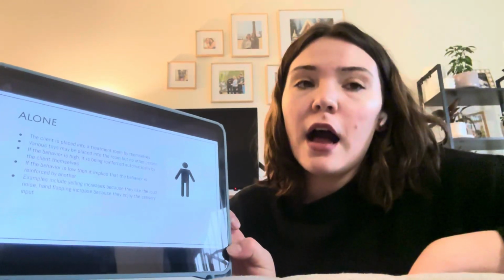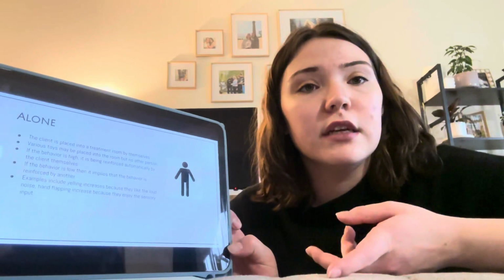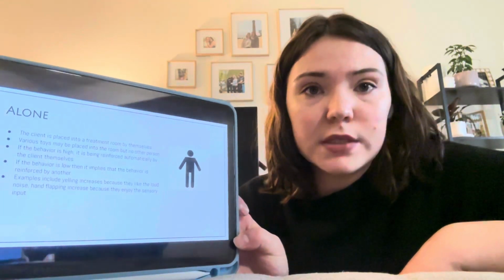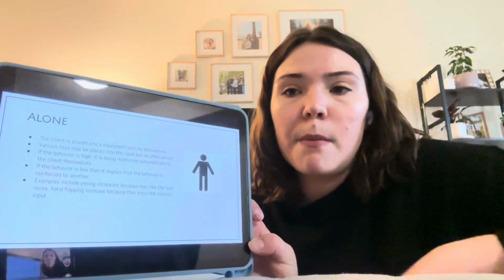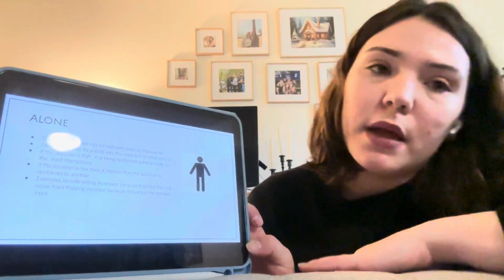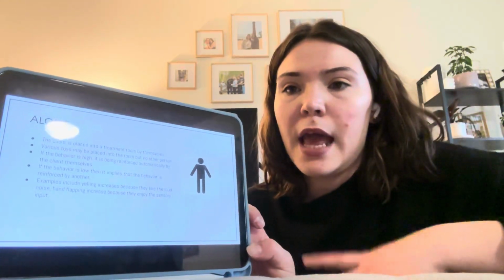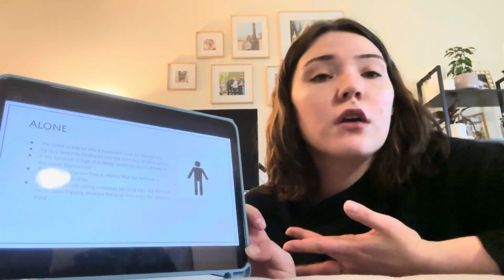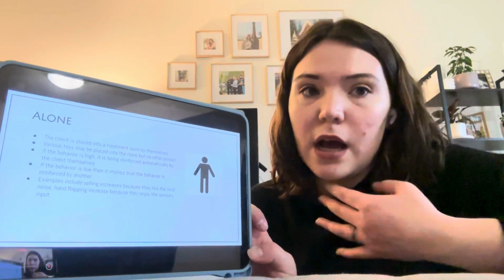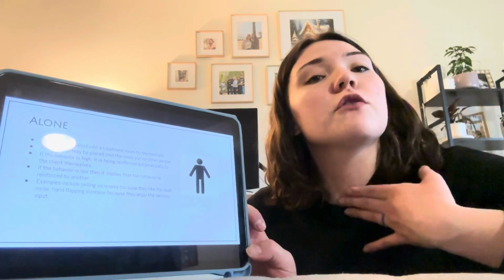So when there's a high amount of the target behavior during this section, it indicates that the behavior is being reinforced automatically by the client themselves. Some examples I included would be, say they make a funky sound as the target behavior. If they keep making this funky sound, they may like the sensation in the throat.